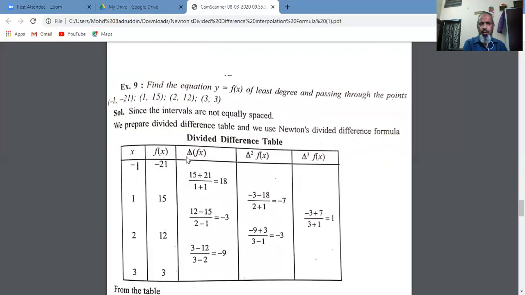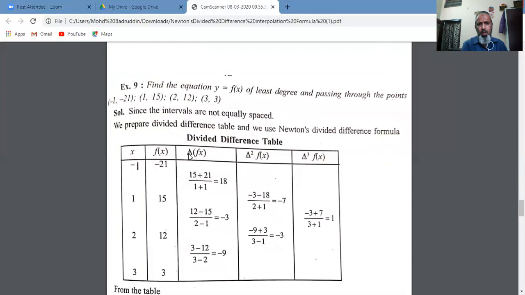We have to write the forward difference, and in forward differences, we draw a vertical line. So this symbol is called the divided difference symbol. If we do not write this vertical line, then it is forward differences.